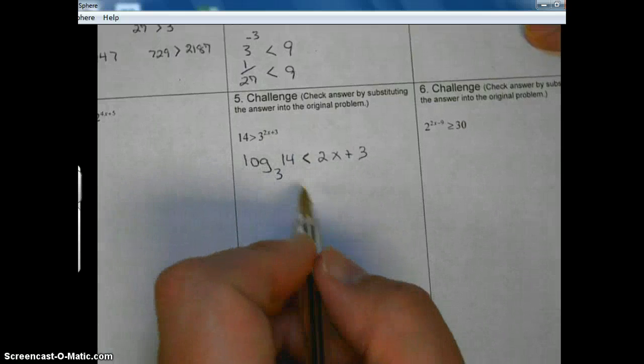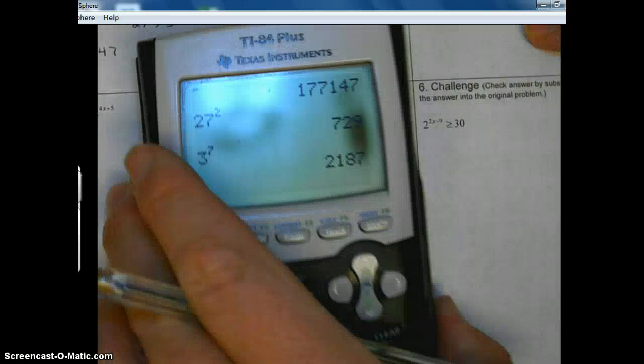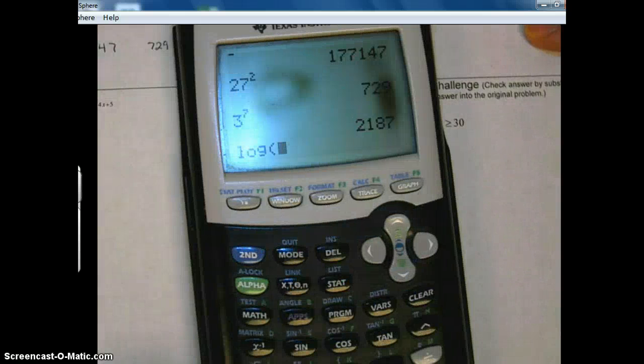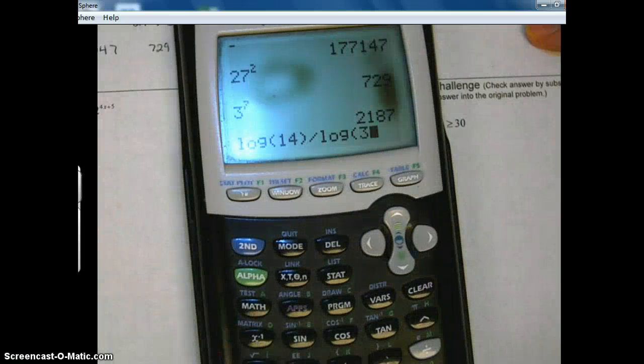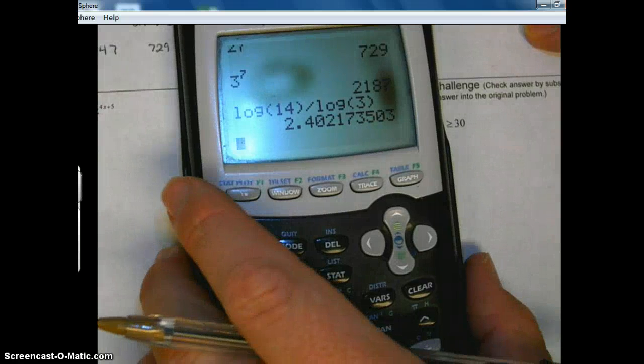So let's see what we get here. So log base 3 of 14. Remember, to handle that, we do change of base, we do the log of the argument divided by the log of the base. So 2.4 approximately.